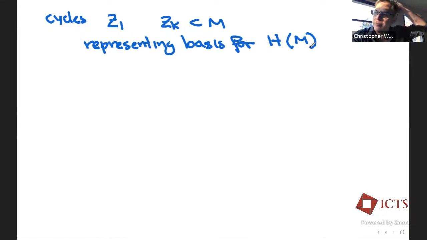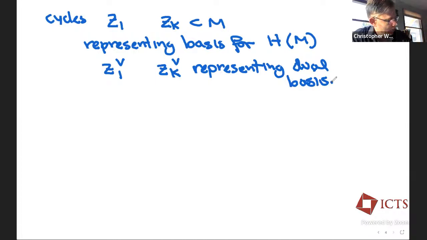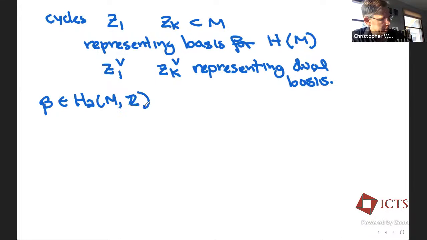I mean, for the purposes of this discussion, let's just assume that they're submanifolds. And then let's suppose I have cycles representing a dual basis. And let's assume I have a homology class beta in M.